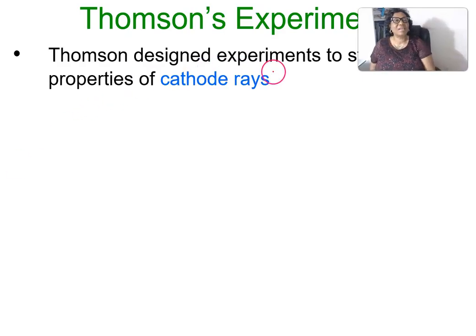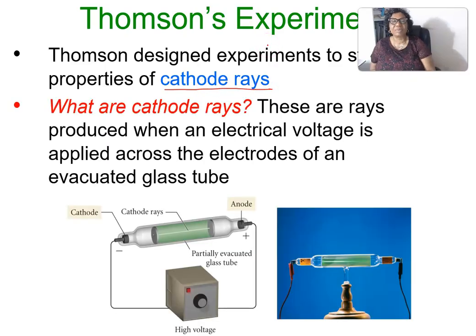Thomson designed an experiment to study the properties of cathode rays. But what are cathode rays? These are rays produced when an electrical voltage is applied across electrodes of an evacuated glass tube.